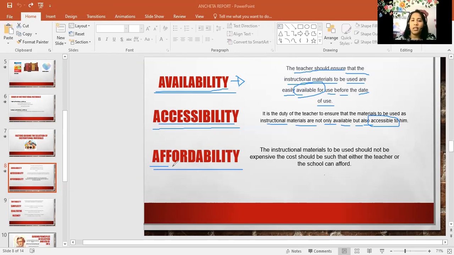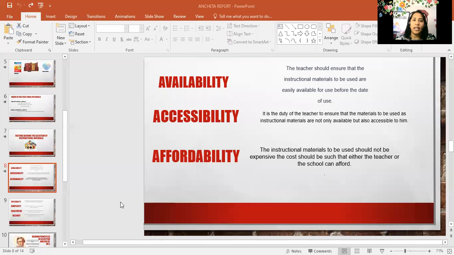Of course, we need to consider the cost of the instructional material being used. It should be such that either the teacher or the school can afford. We don't need very expensive instructional material. So it should be affordable.